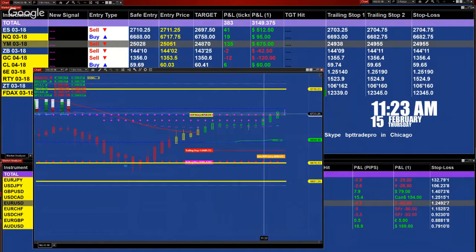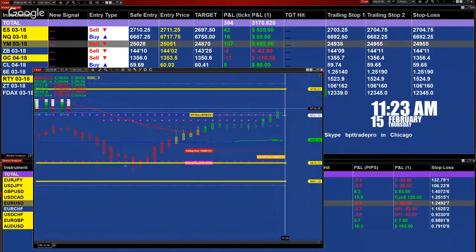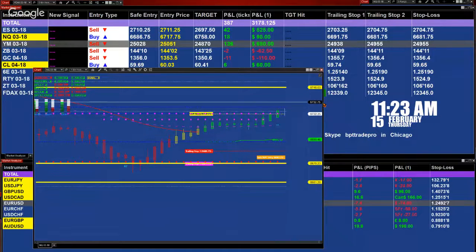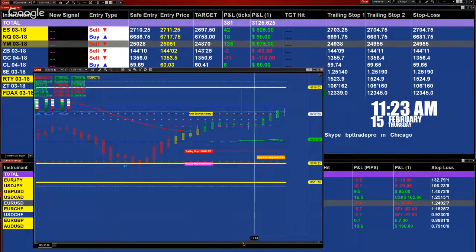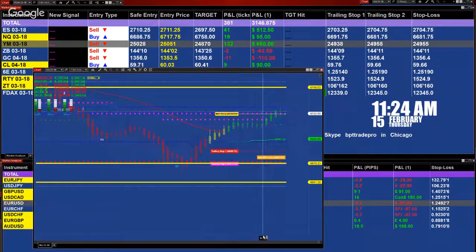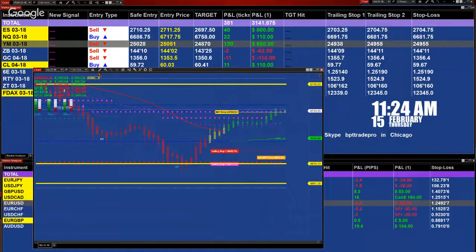Now, we want to make sure that we break. You see, it's exactly to the tick, gentlemen. 28 level, exactly to the tick. You cannot beat that. Now the market is stuck between the entry.